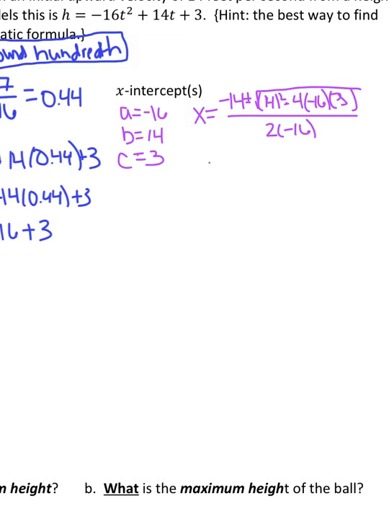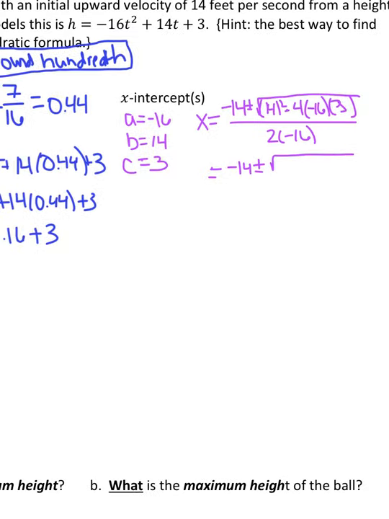And then I'm going to do some simplifications here. So I have negative 14 plus or minus the square root of 196 plus 192, all divided by negative 32. Right? So I just did that math. I did the 14 squared, and then I did the negative 4 times the negative 16 times 3. And so that leaves me with negative 14 plus or minus the square root of 388 divided by negative 32.